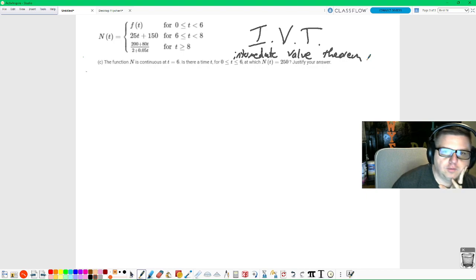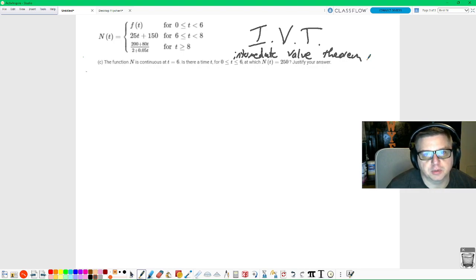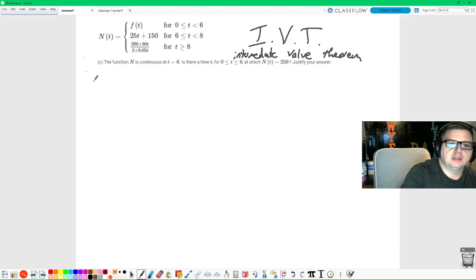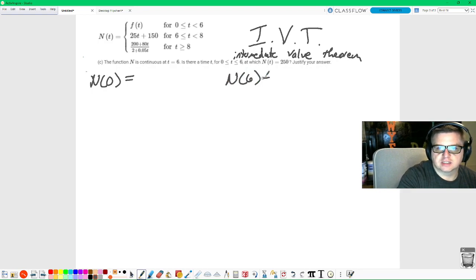We are looking for a number n of t, which is 250, and see if there's a value between 0 and 6. So what we need to find is what n of 0 equals and what n of 6 equals.